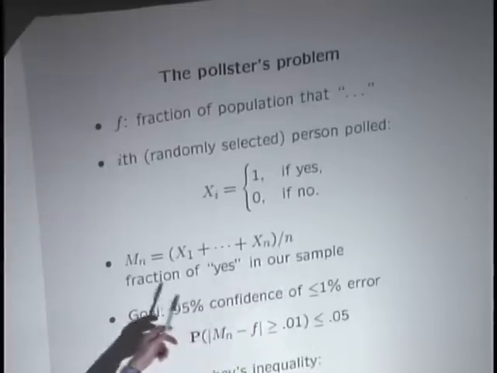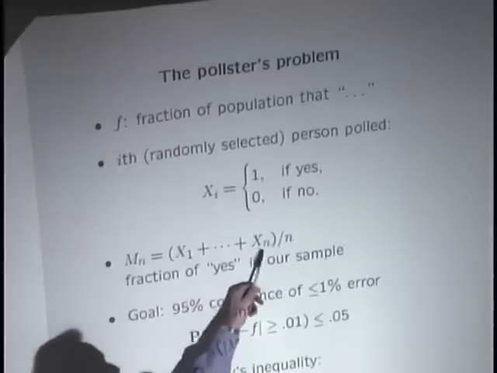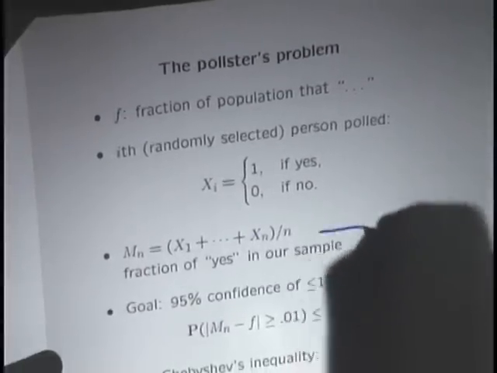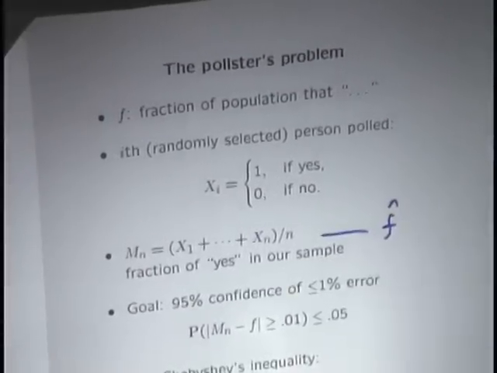What is this average? It's the number of ones that we got divided by n. So this is a fraction, but calculated only on the basis of the sample that we have. So you can think of this as being an estimate f hat based on the sample that we have.